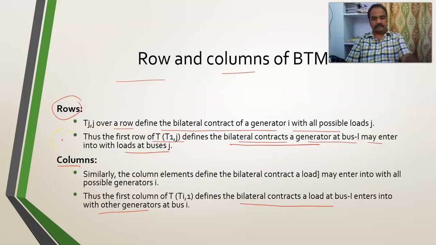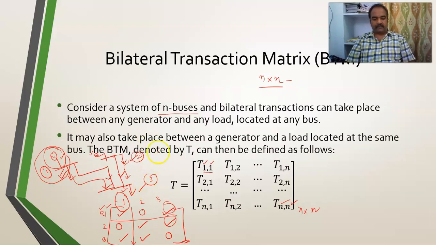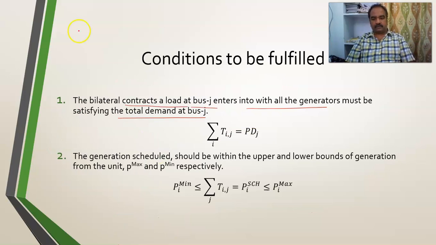As we have seen at bus number 3, I'll show you. Let us suppose generator 1, 2, 3, load 1, 2, 3. This is generator G1, generator G2 is there, and here there is nothing.